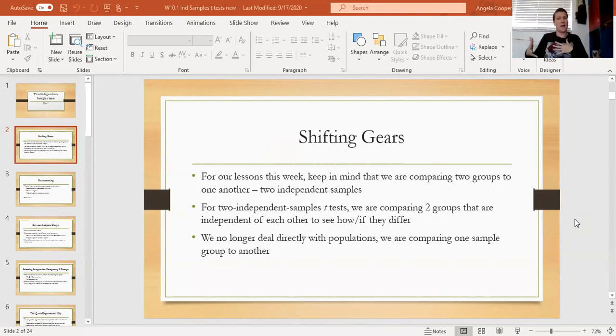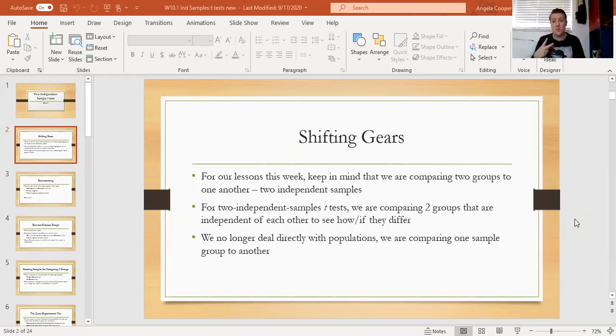So notice that with one sample T or one sample Z tests, they had one sample. That was it. You were provided with one sample size, a sample mean, a sample standard deviation if it was a one sample T test, and again, one sample size. With independent samples t-tests, that is not the case.